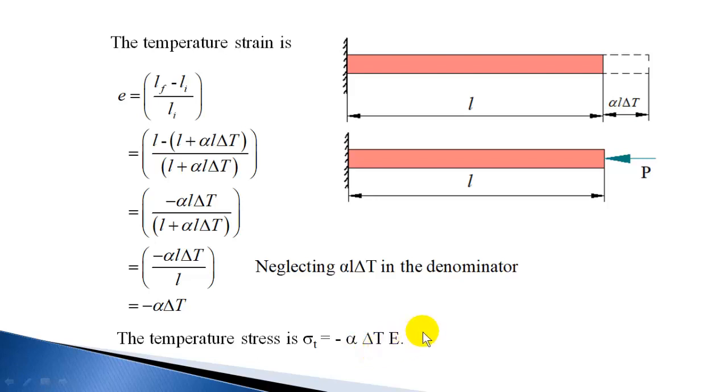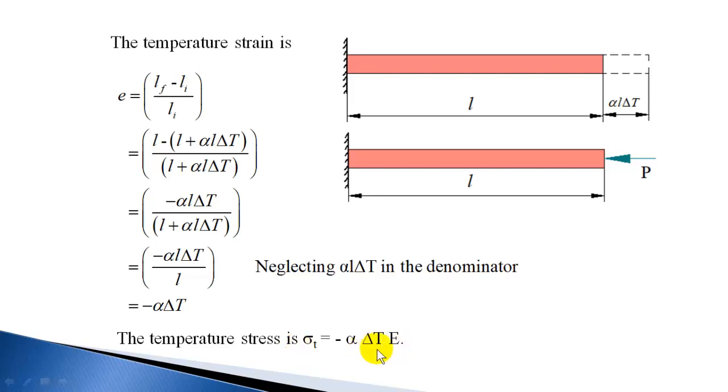So if expansion is prevented, then you get a negative stress or compressive stress, and if contraction is prevented, you will get a positive stress. This formula is for complete prevention of expansion or contraction. So if expansion is prevented, delta T is positive, and the stress will be negative.